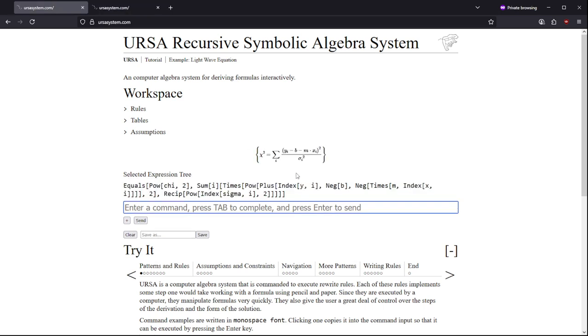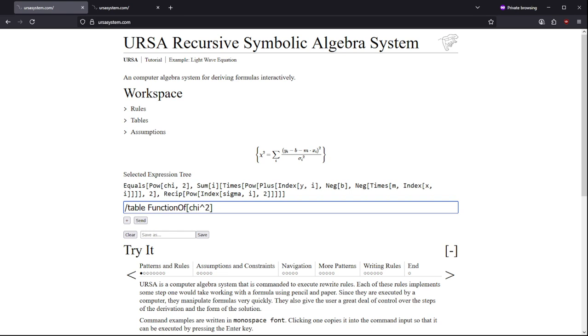So going back over to this equation, we're going to take partial partial b and partial partial m of chi-squared. And in order to do that, we need to specify what chi-squared is a function of. And we can tell Ursa what that is by adding an entry to the function of table.